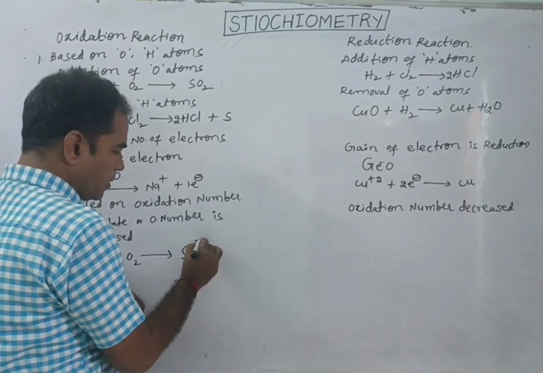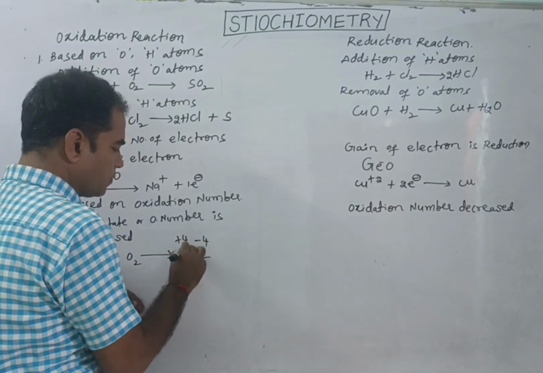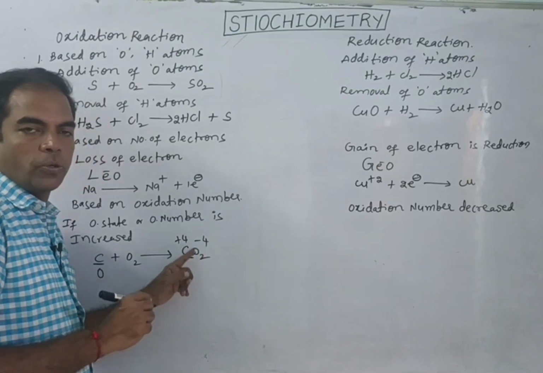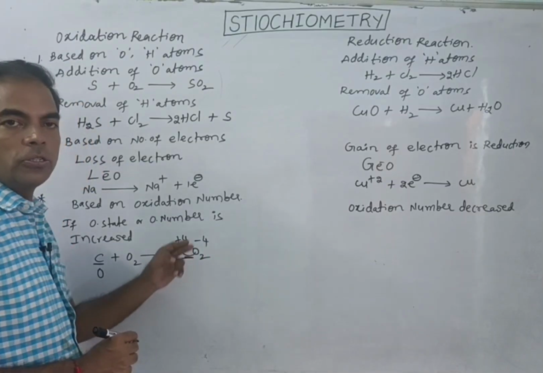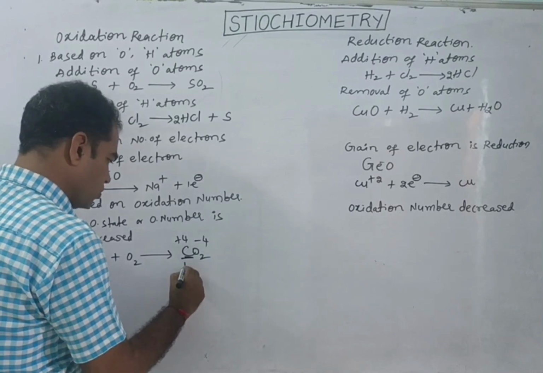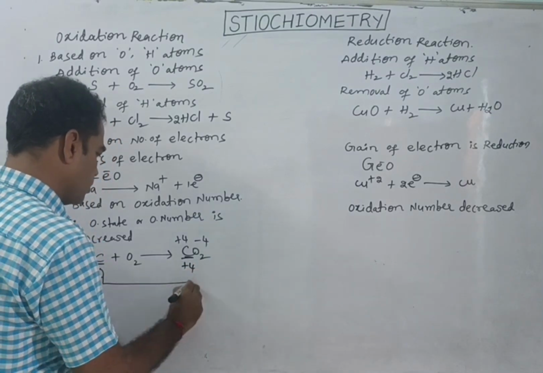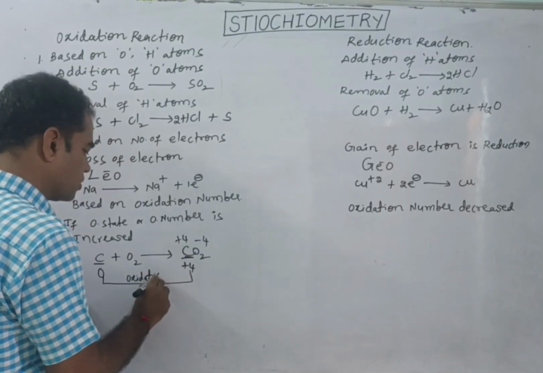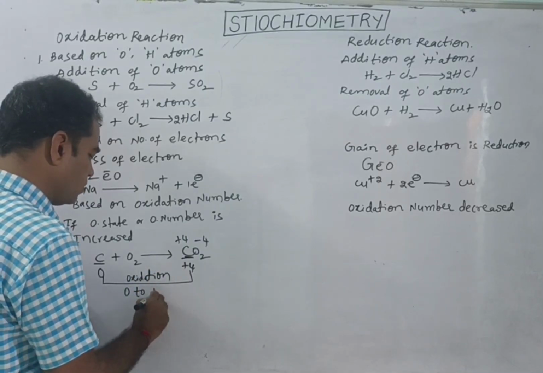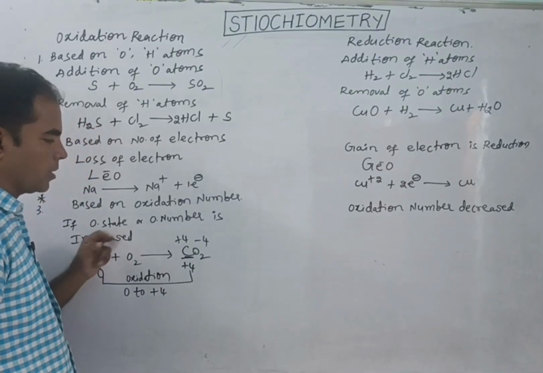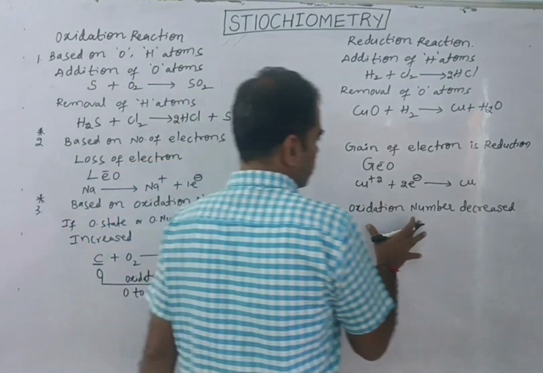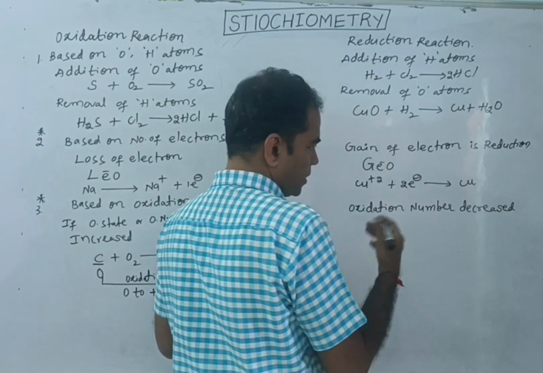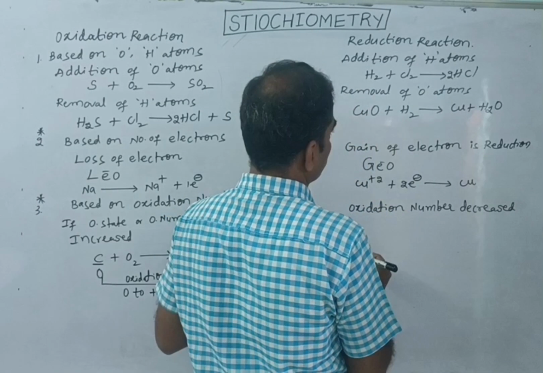In CO2, x plus 2 into minus 2 equals 0, then x equals plus 4. Here 0 to plus 4 means oxidation reaction. Increase in oxidation number. Now come to this one. Here oxidation number is decreased. Decrease in oxidation number, that is reduction reaction.